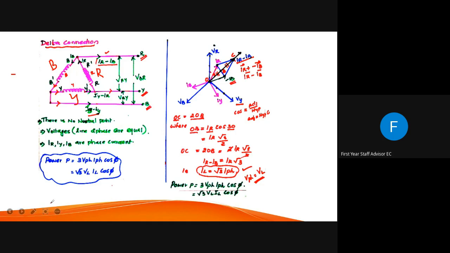So what will happen is this current IR will come out of the R winding, and some amount of the current will flow to the B winding, and the remaining current will flow to the R wire.